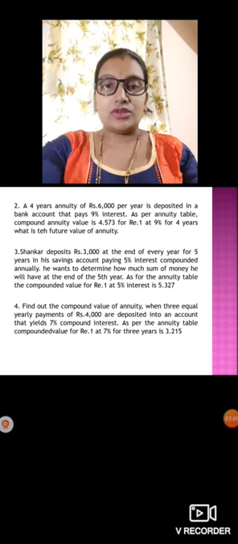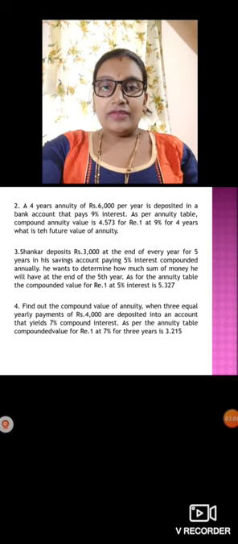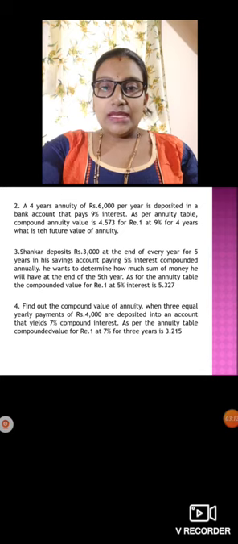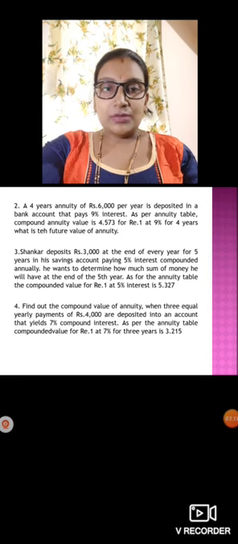Okay. Don't solve directly. Then fourth you have, find out the compound value of annuity when 3 equal yearly payments of rupees 4,000 are deposited into an account that yields 7% compound interest. As per the annuity table, the compound value for rupee 1 at 7% for 3 years is 3.215.